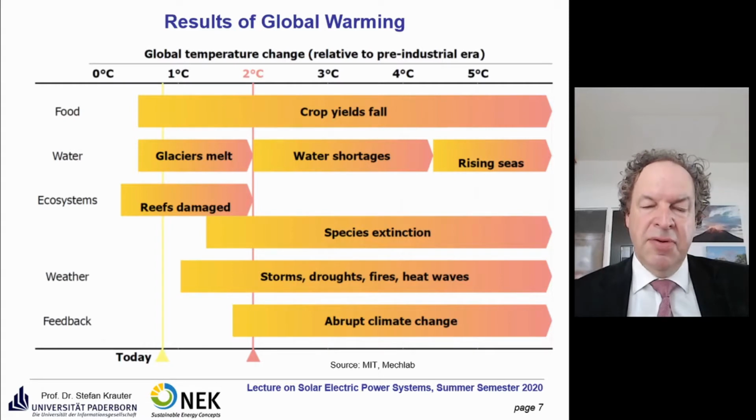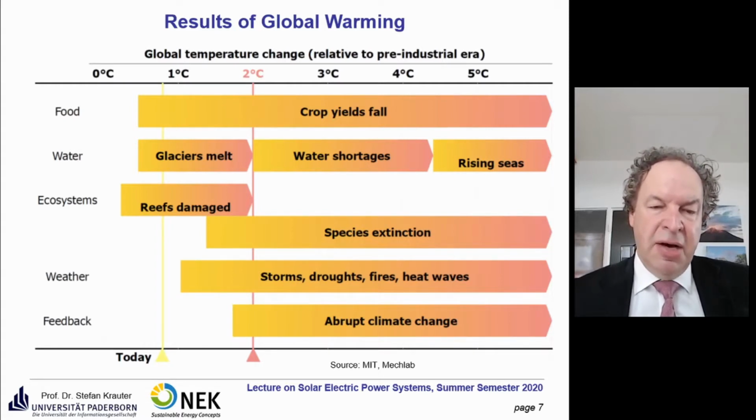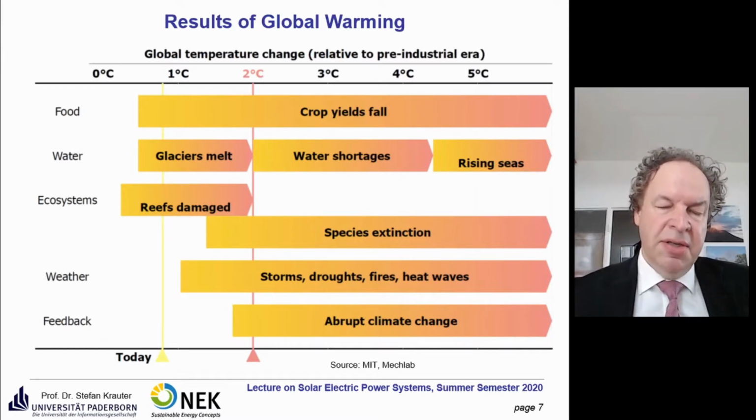For example, here with the North Atlantic jet streams, they already slow down, and they are causing these omega situations in the weather. What it means is that we have sometimes very long periods of good weather. Many people like that, but it's also related to droughts.